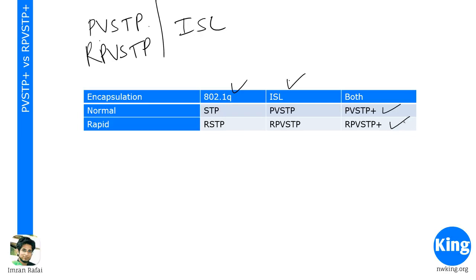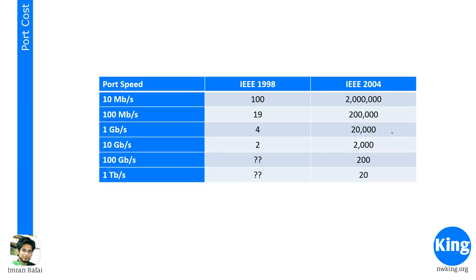So PVSTP is per VLAN STP plus, and RPVSTP is rapid PVSTP plus. It's exactly the same thing, just that it now supports ISL and 802.1q, and now this is the industry standard, right?